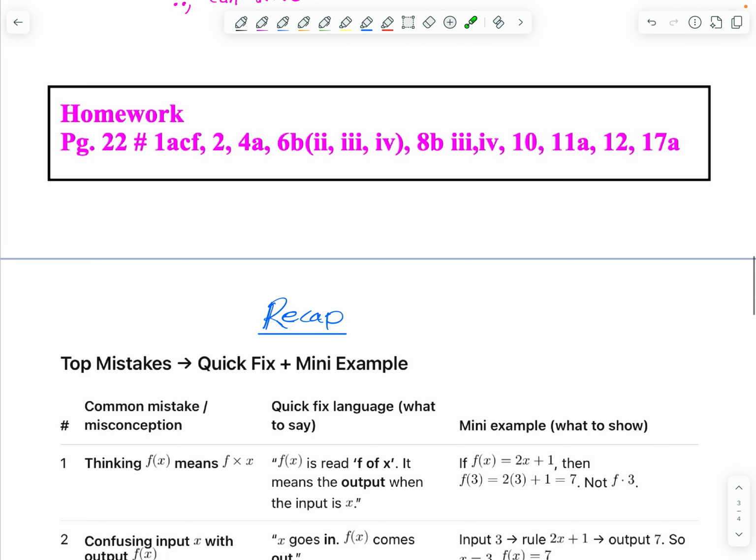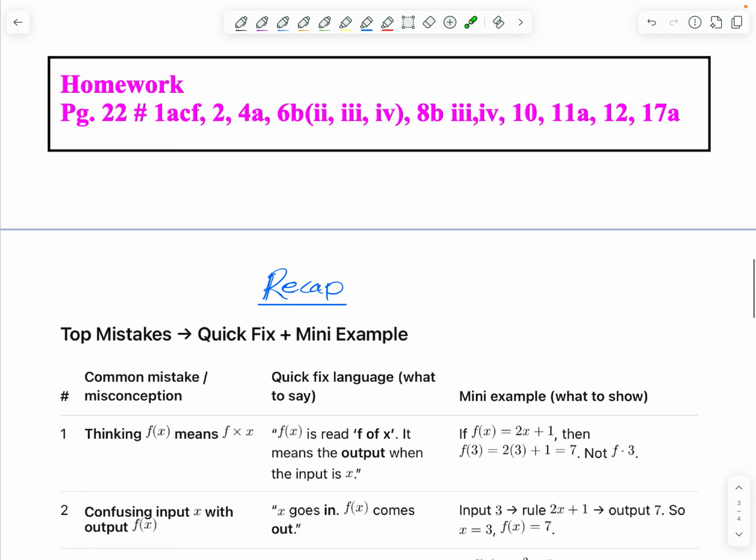Okay. Number 2, confusing input x with output f of x. So yes, x is the input, it goes in, and f of x is what comes out. F of x is the output, right? This is probably you're missing the process here if you're making this misconception, right?